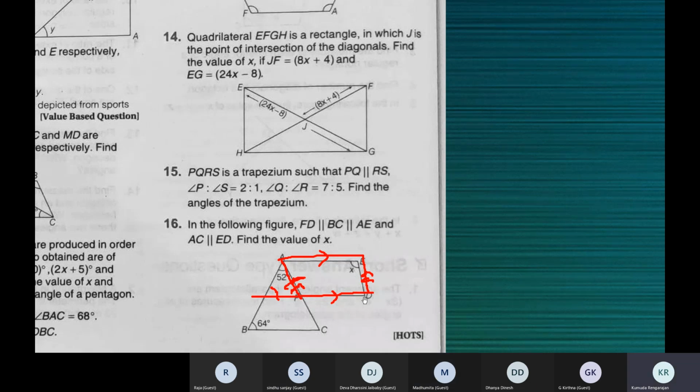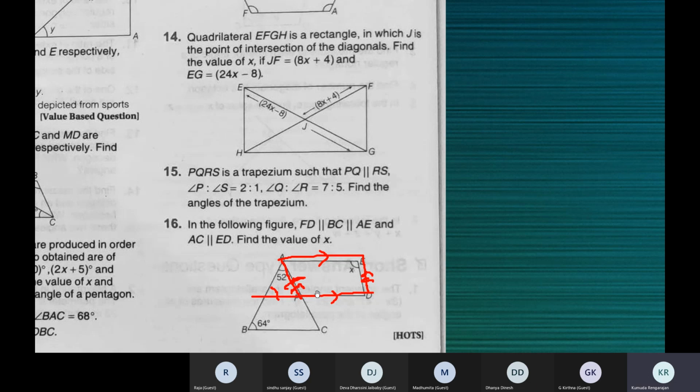So the first thing is you should produce this line so that it intersects this side. Then these two lines are parallel. This is the transversal. Corresponding angles are equal. So this is 64. Now for this triangle, this side is produced.